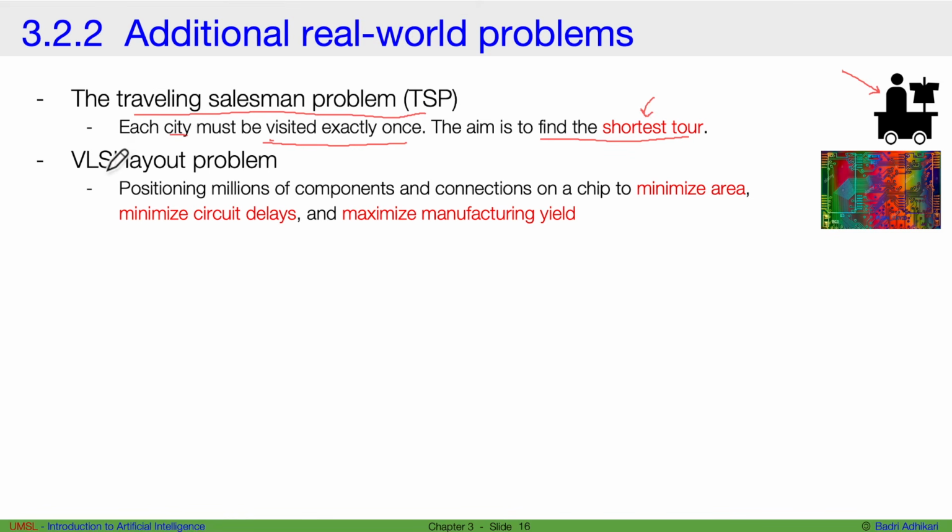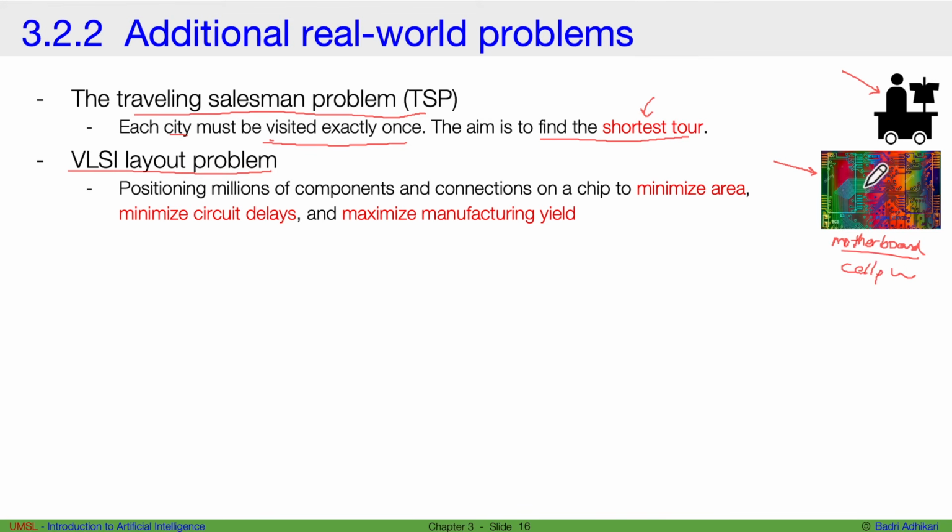Another problem is the VLSI layout problem. Here's a picture of a chip that's in many of today's electronics. Say, for example, this could be the motherboard in your laptop, or your motherboard in your cell phone, and so on.